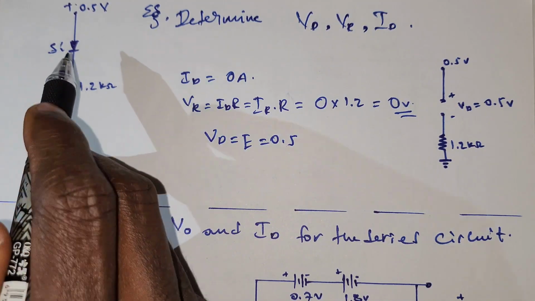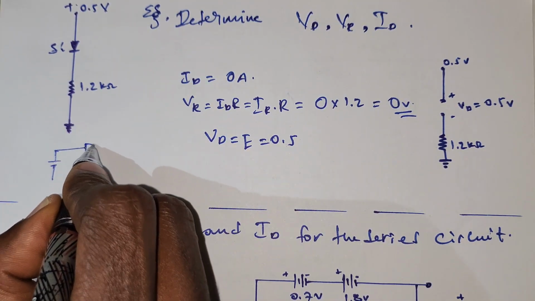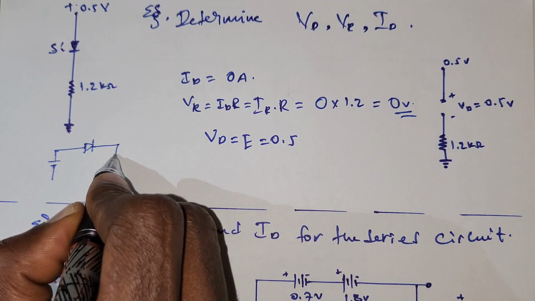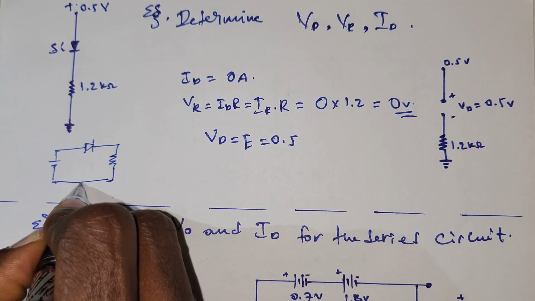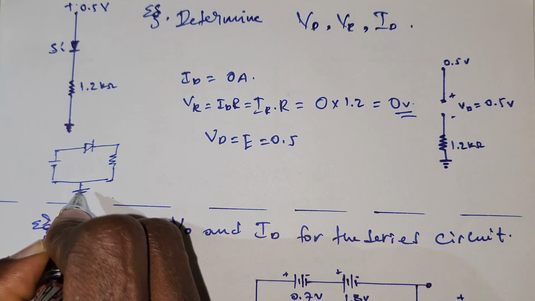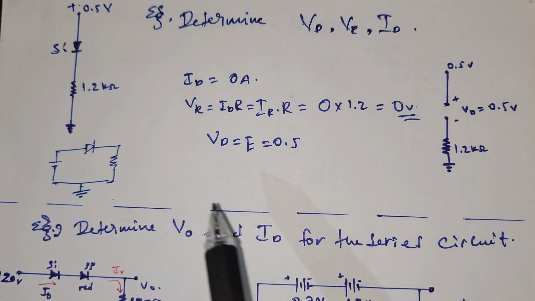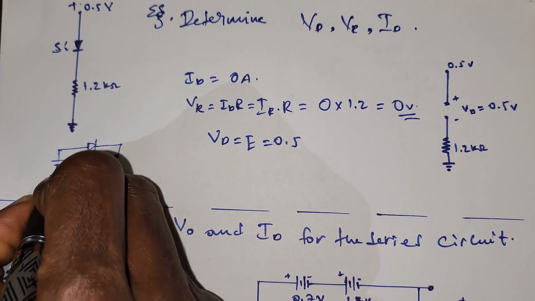As you see, the equivalent circuit can be set like this. This is the ground. So as you see, this is 0.5 volt.